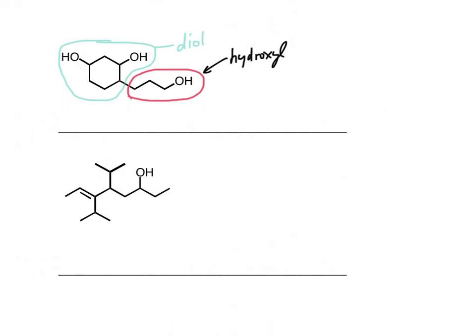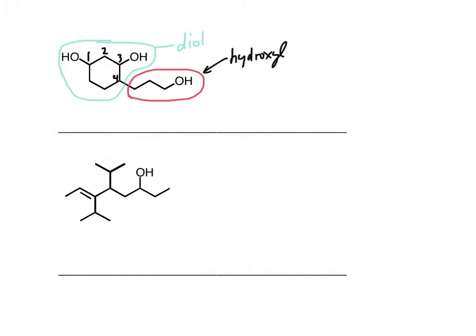If I start at the left, 1, 2, 3, 4, the substituent gets a 4. If I start here at the right, 1, 2, 3, 4, 5, 6, I don't want to give the substituent a 6. So we are going to be going 1, 2, 3, 4.